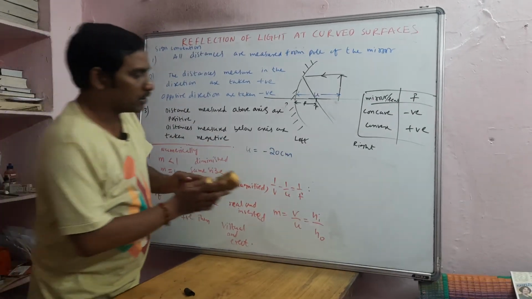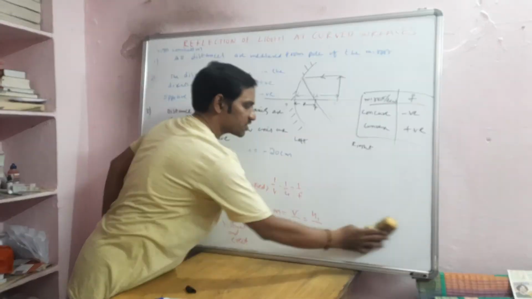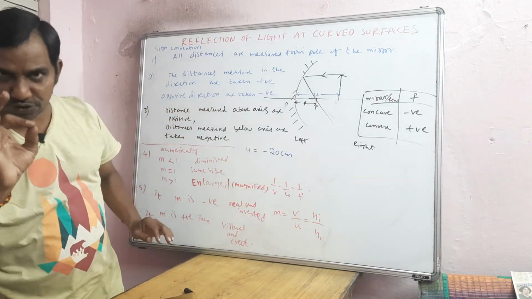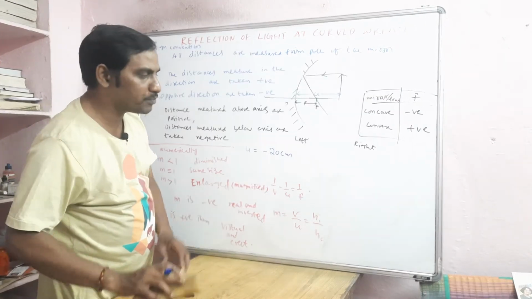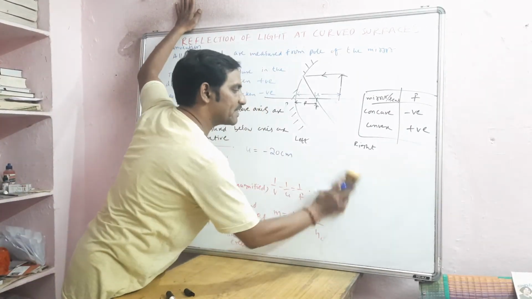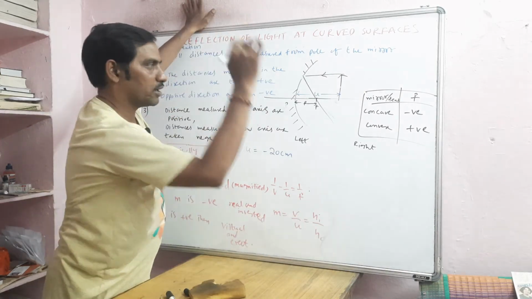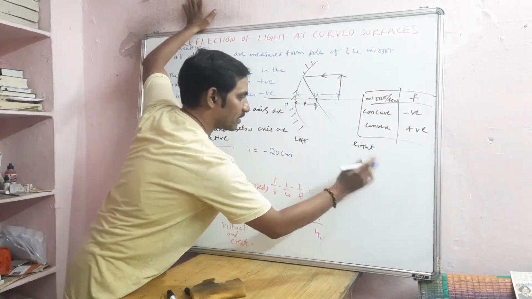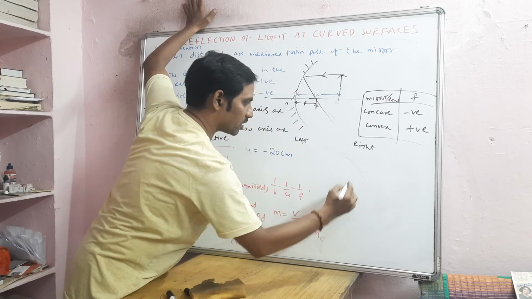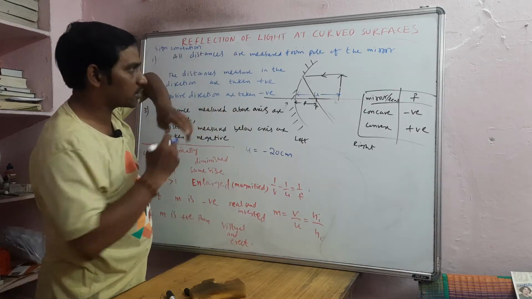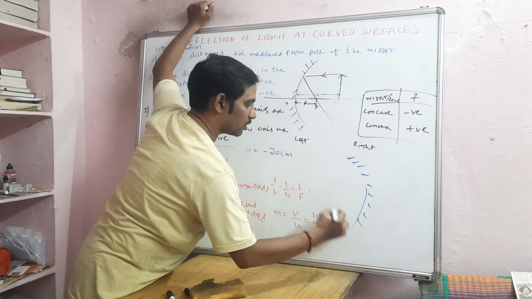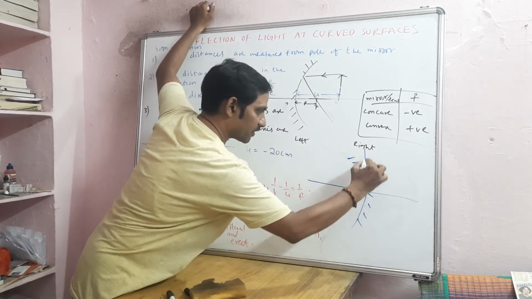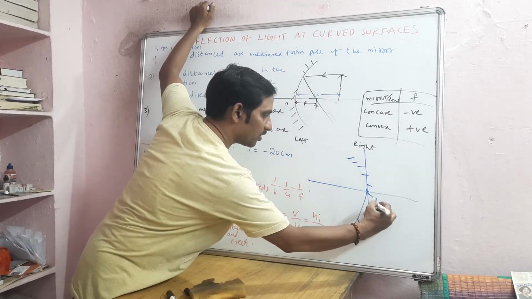Generally when you take the Cartesian coordinate system, the object should be taken to the left side. But whether you take the object on the left side or right side, u, the object distance, will be negative. How? Imagine the concave mirror on the Cartesian coordinate system, so that the pole is the origin.